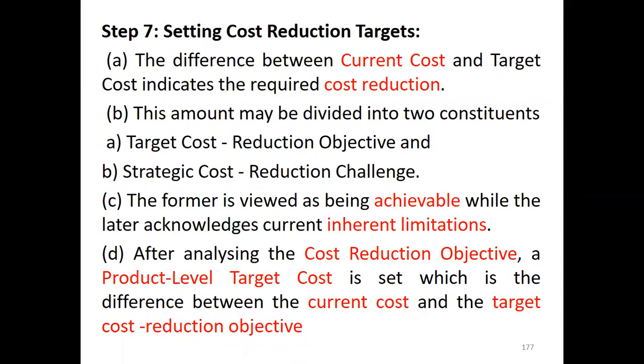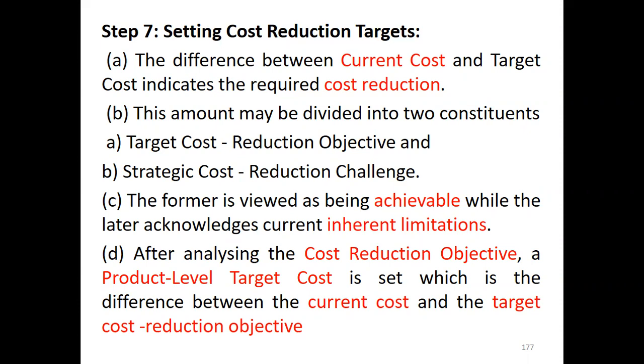And then with respect to this current cost, I will decide the cost reduction target. Which are the areas where I can get scope to reduce this cost? There may be some target cost and there may be some strategic cost. Target cost can be reduced. Reduction of strategic cost may be a challenge. In reduction of strategic cost, you need to apply some strategies.